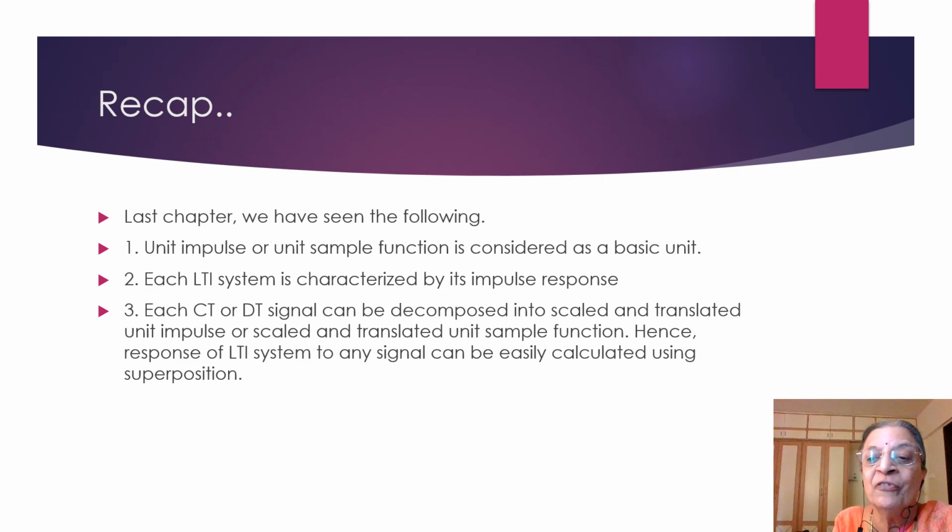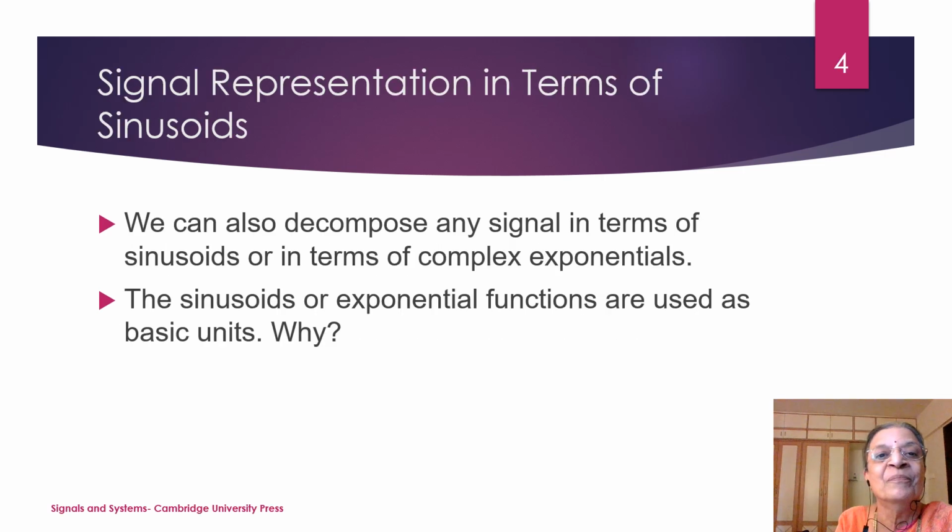And if we know the response to any particular sine function, then we can find out the response of the signal to sine omega t, then sine n omega t, cos n omega t, and so on.